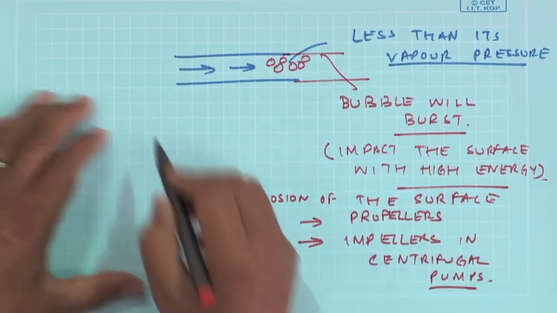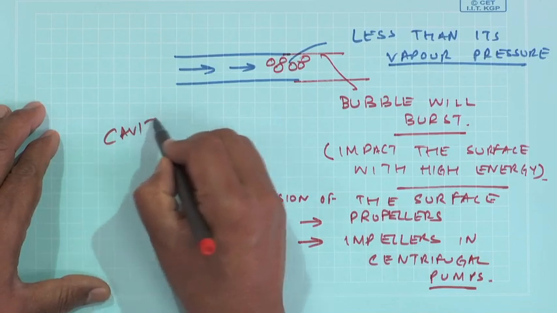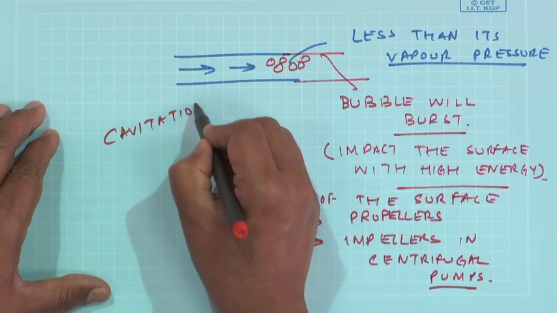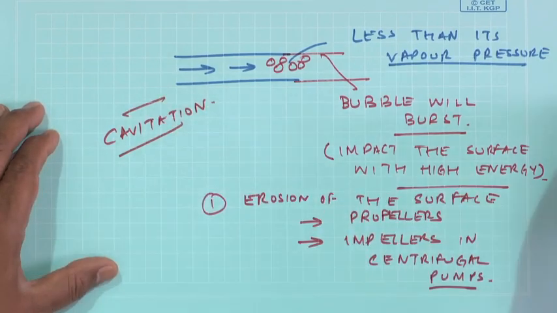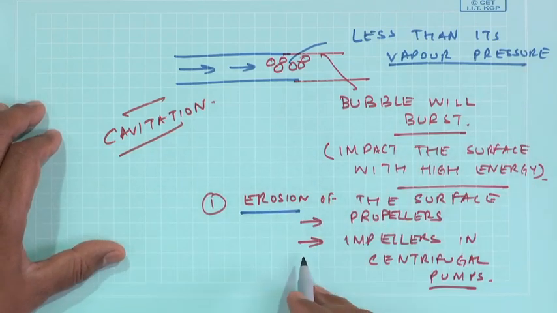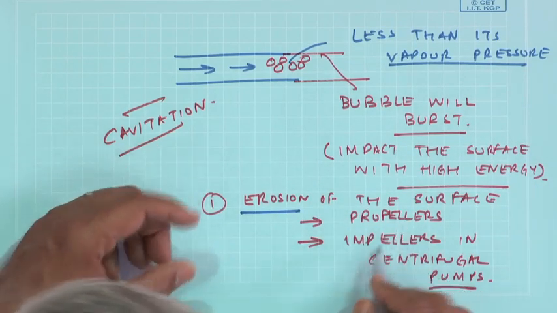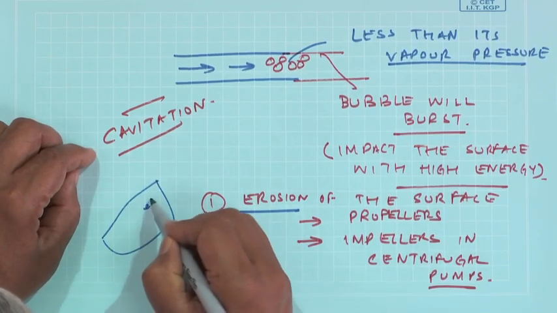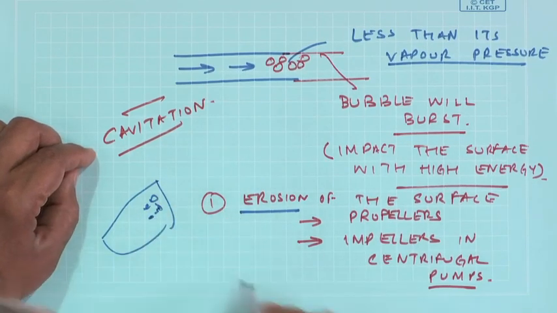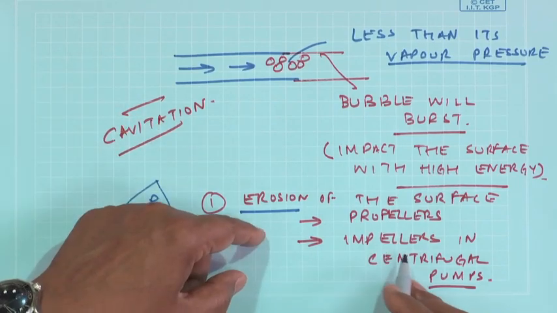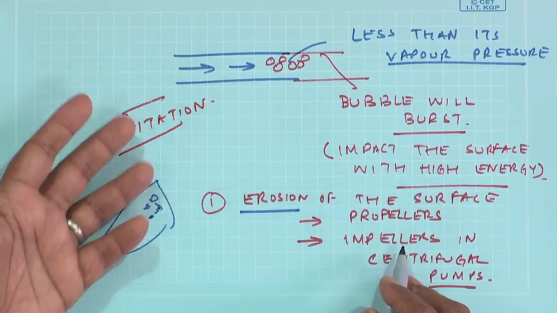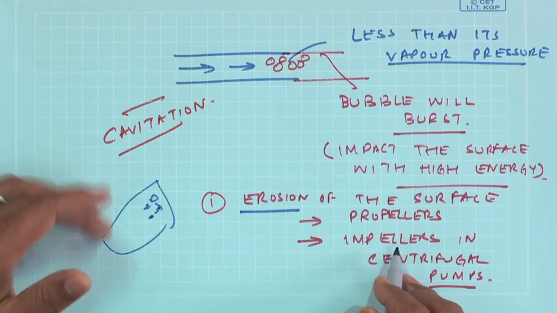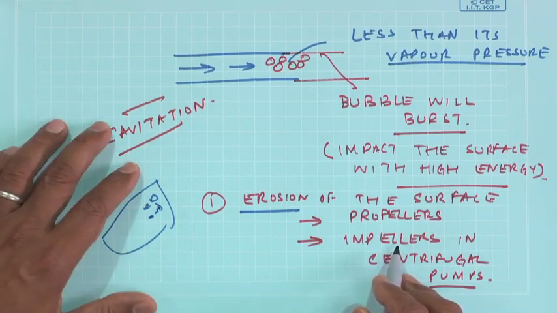So, if cavitation is not checked, it will lead to weakening of the structure and then eventually failure. There will be a lot of pitting marks on the blades. And of course, if things have eroded and if they are not uniform, they will give rise to unbalance, things may crack and break and so on.